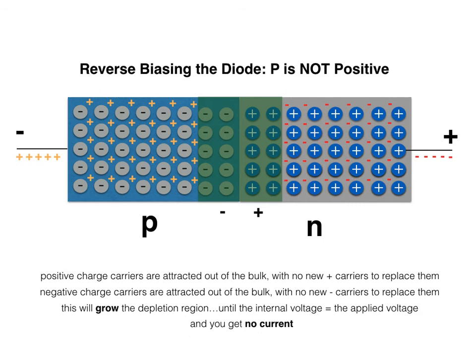and there's no current. Now, if you were to apply a big enough voltage, eventually you'll get breakdown, and then your diode is broken, and then you're unhappy. And I'm unhappy, and that doesn't really solve any problems.